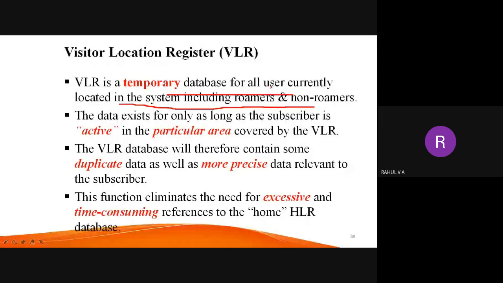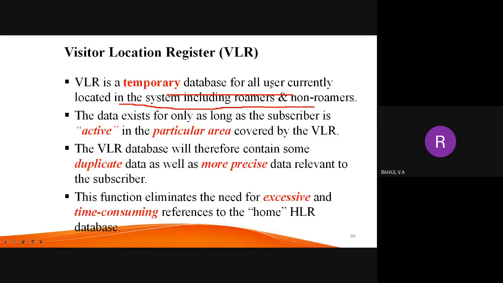So they have introduced another register, the visitor location register, where they store temporary data, so that MSCs need to access only the important data. Most of the time, MSCs need those data regularly. These data will be stored in the visitor location register, so instead of accessing the HLR, the MSC will be accessing the VLR.